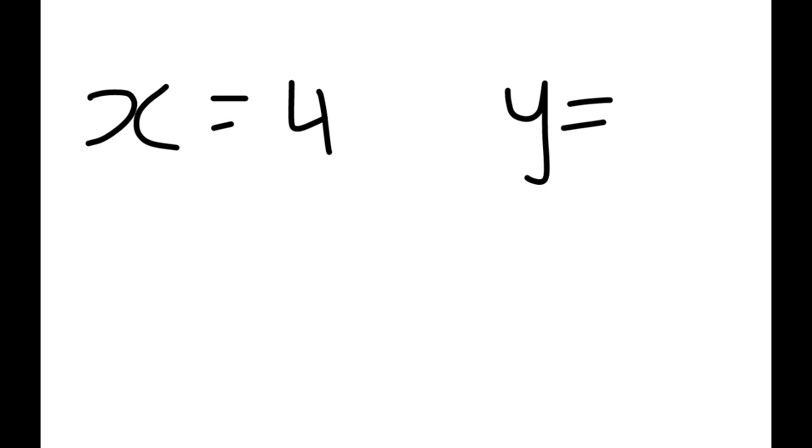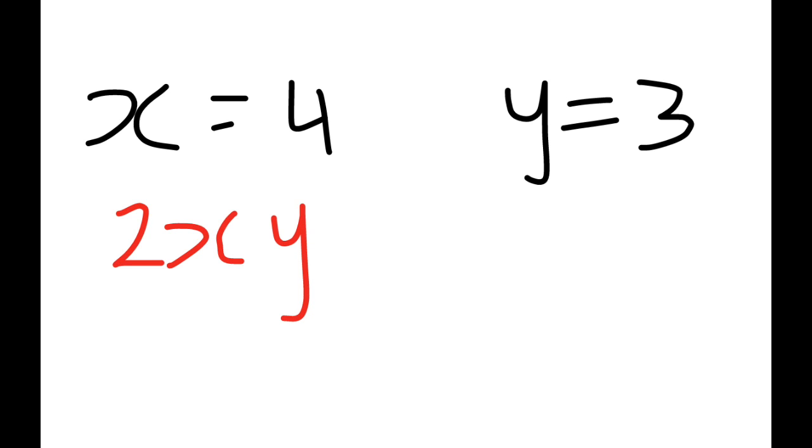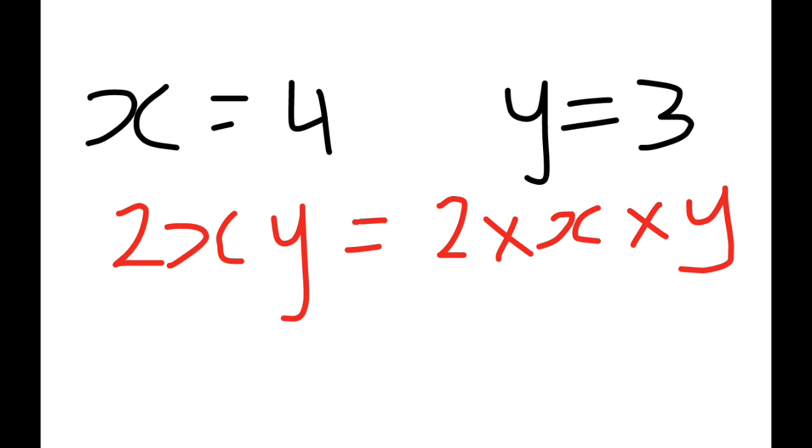Alright, so again, we know that x is equal to 4, and y is equal to 3. Let's say our algebraic expression is different this time. If we have 2xy, so 2xy actually means 2 times x times y. So you don't need to write this bit, we're just showing this so that we understand what the expression means.